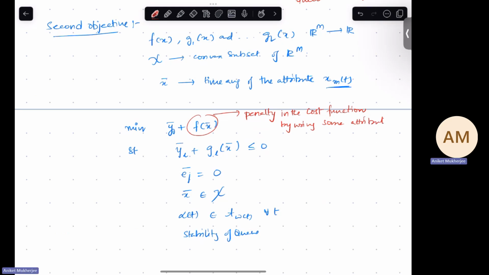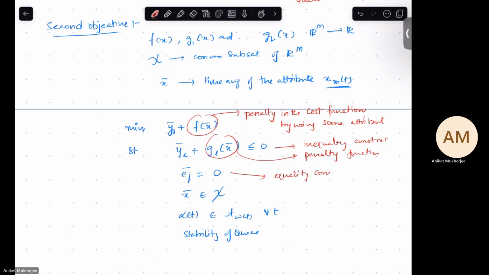You have your inequality constraint with another penalty function, you have your equality constraints, your bounded penalty attribute, your action set, and the stability of Qs that we are still to define. We have to mathematically define what the stability of the queues is.